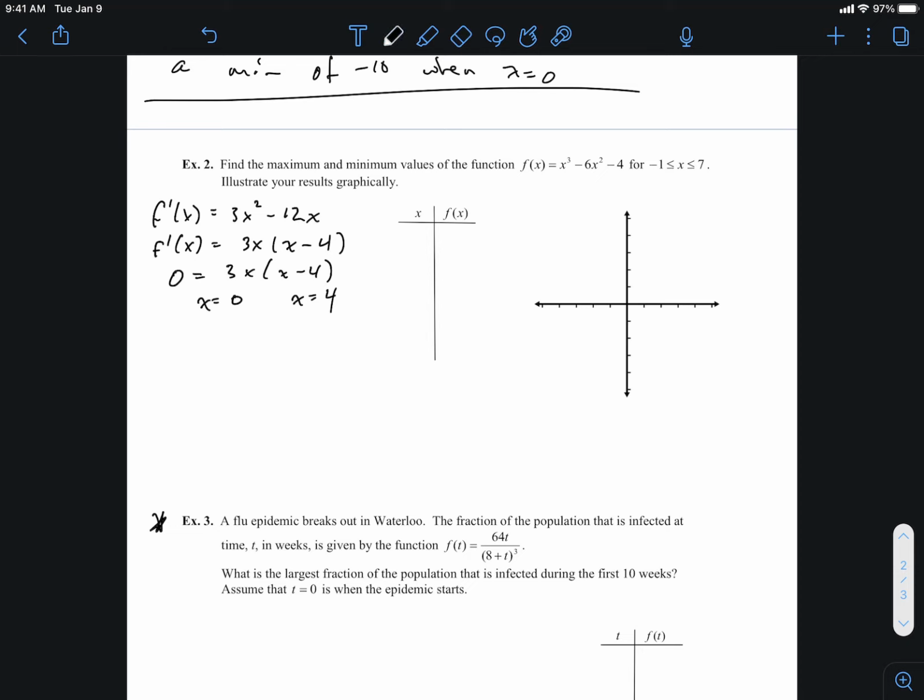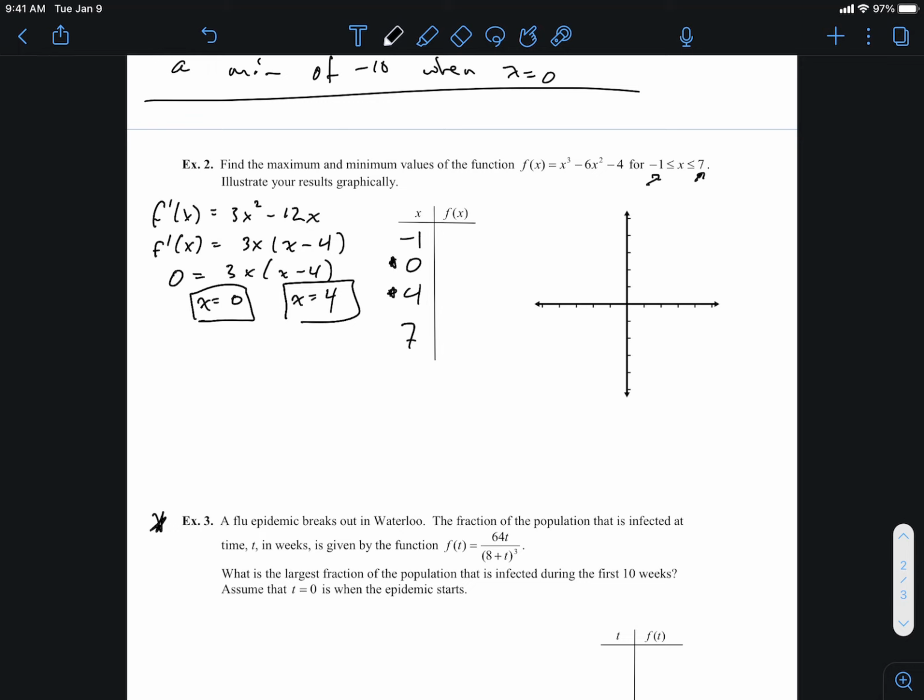So here are two special points, and we have two other special points, the interval endpoints. So I'm going to plug in -1, 0, 4, and 7. And we know the two in the middle are the special ones. Something important's happening there, right?